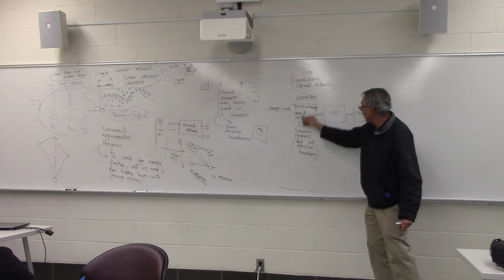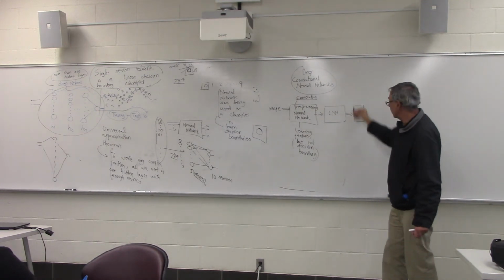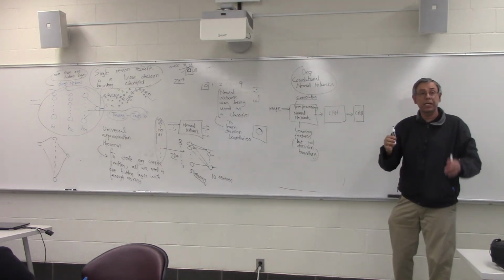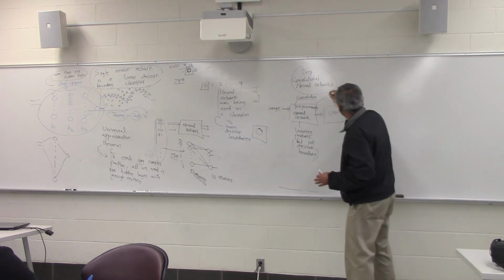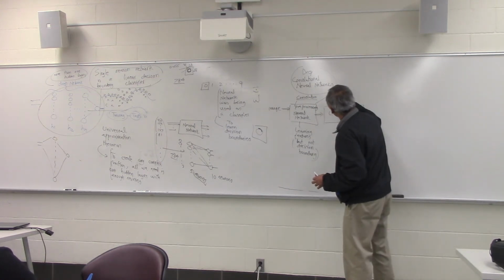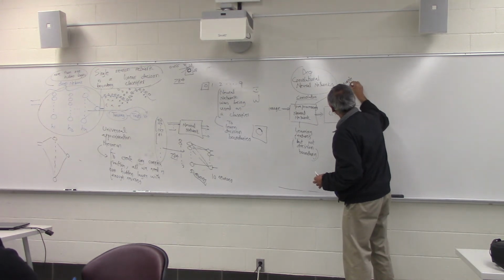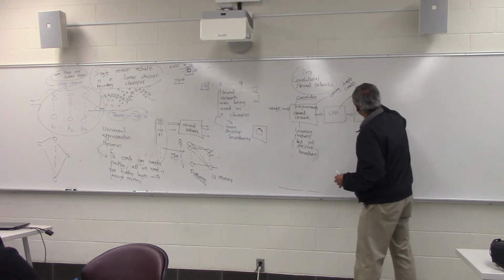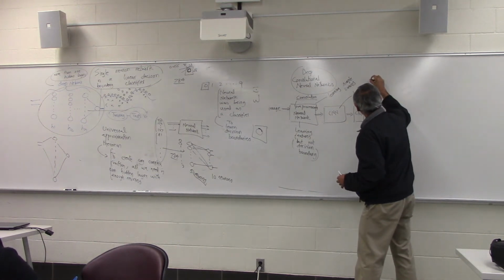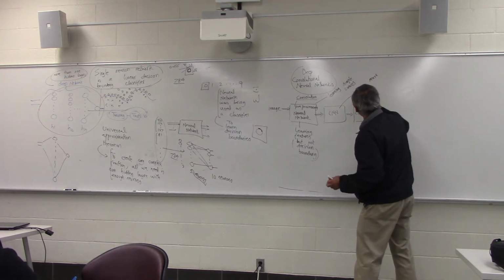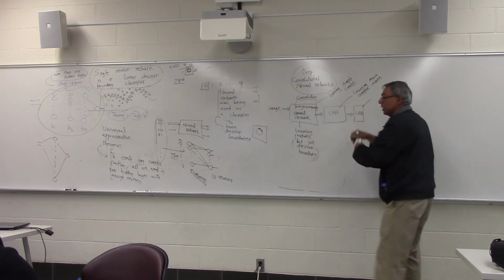This is one layer, here's another layer, here's another layer. But each layer is learning. So this is learning simple curves. This is learning more complex curves or something. Then this is further.